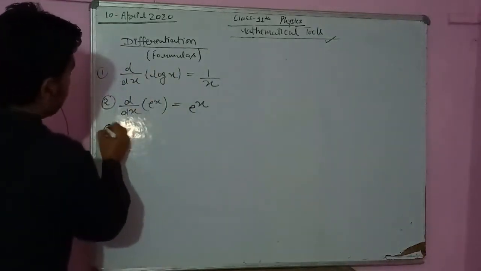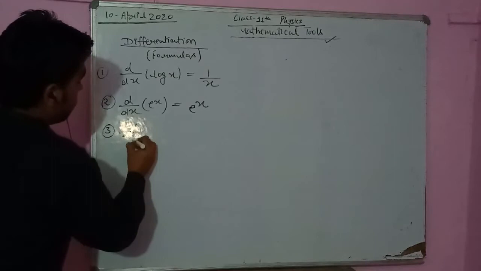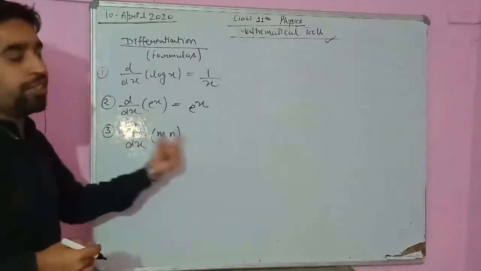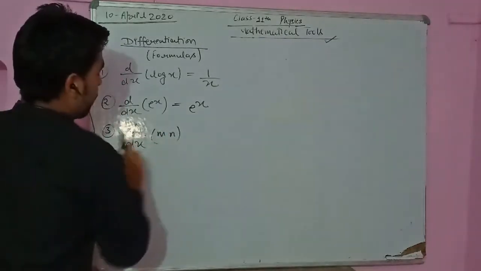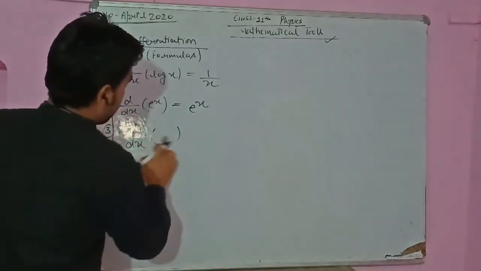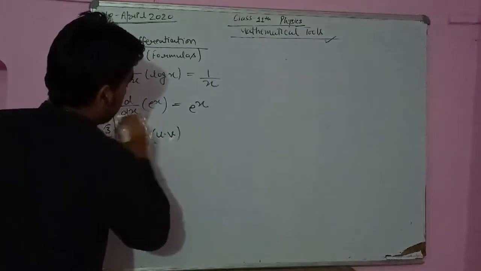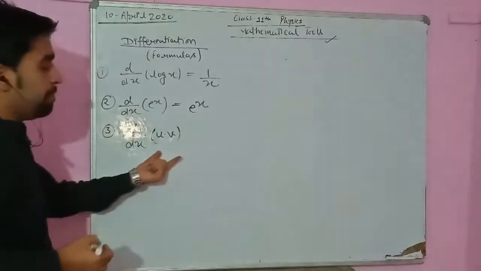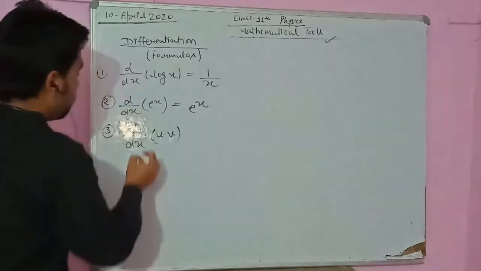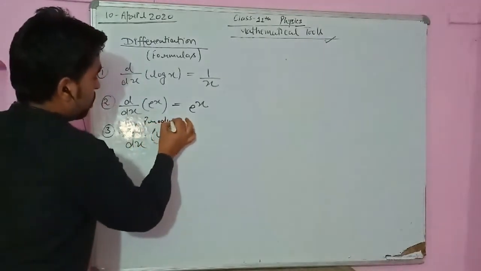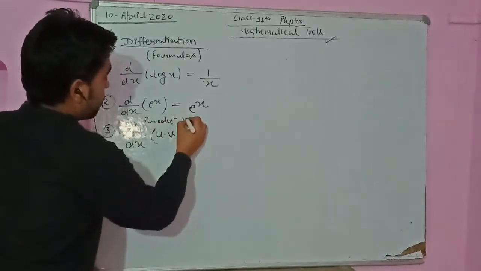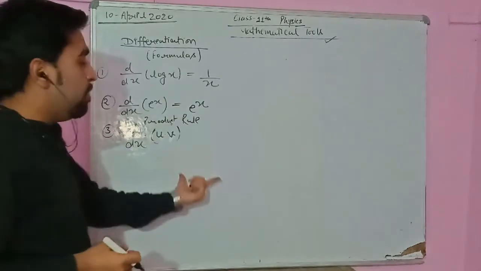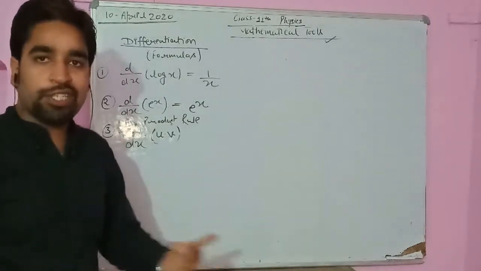Now suppose you are going to differentiate a function which is given in the form of a product of two functions. Okay, m into n, you can write u into v. So let us consider u into v. If we are given a product of two functions and we have to differentiate it, this is also known as the product rule. First learn these by heart, and later on I will apply them and we will see the applications.